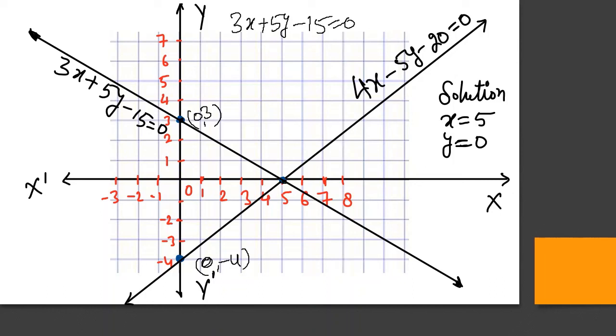What do we know? At the y-axis, x will be 0. So you have to keep this whole term 0. Which term? This whole term. So we get 5y minus 15 equal to 0. So y equal to 3, as you are finding. See, (0, 3), this point is indicated. Similarly for this, you can keep the value of x directly 0.